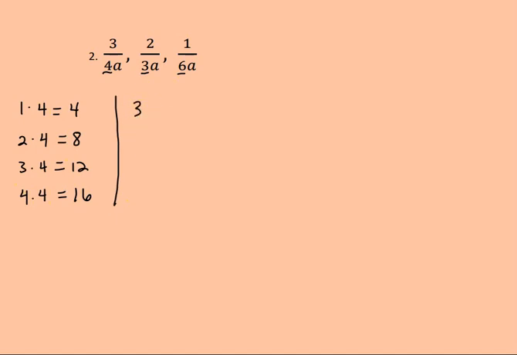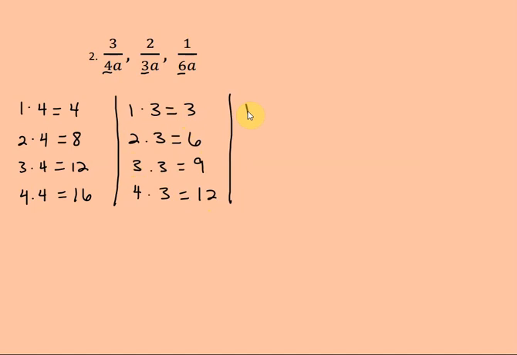Let me do it like I did the other one. 1 times 3 is 3. 2 times 3 is 6. 3 times 3 is 9. And 4 times 3 is 12.